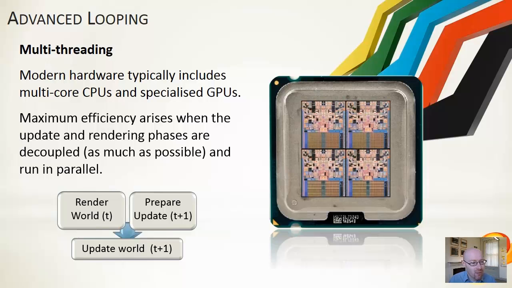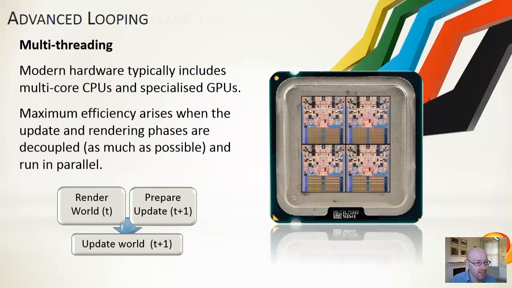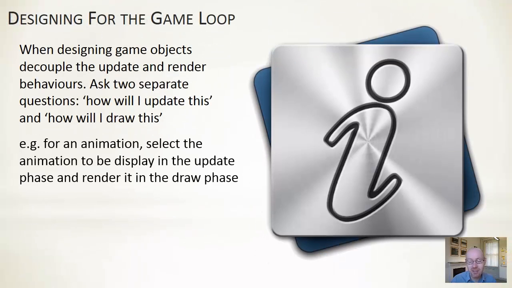One key thing for you to remember whenever you're designing your game objects, and this is a good thing to enforce, is to make sure that you decouple the update and the render behavior. So always ask two separate questions of each of your game objects. How will I update this object? Put that answer within the update method.